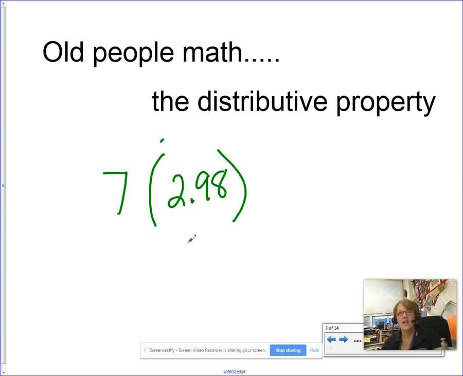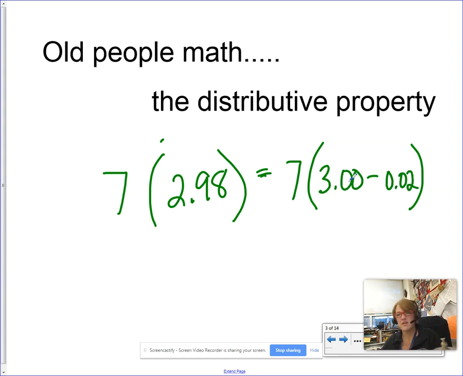And I'm not going to use a calculator because in the old days, we didn't have them handy like you do have them all built in on your phone now. So I can do something like this. Say, $2.98 is the same as $3 minus 2 cents.